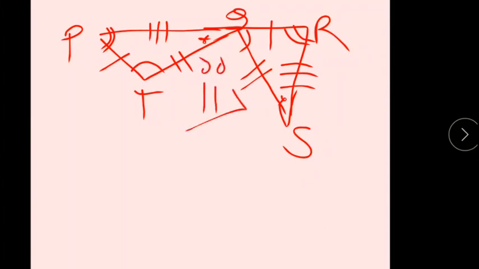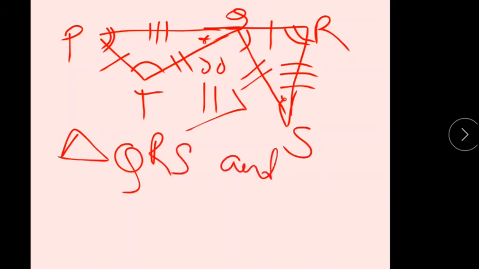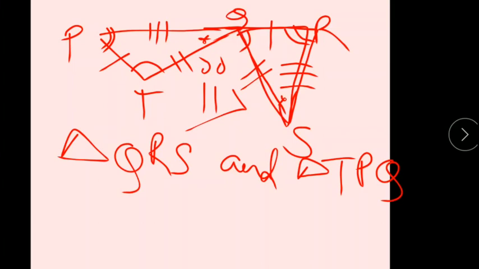The triangles we are going to consider here are triangle QRS and triangle TPQ. Two triangles are there, that is QRS and triangle TPQ. These triangles we have to show congruent.